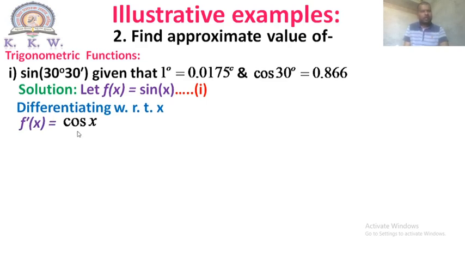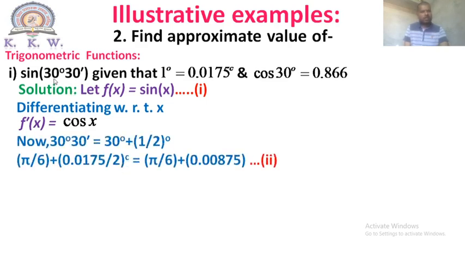Now this angle 30 degree 30 minute converted to radian as 30 degree plus 30 minute. 30 minute converted to degree, 30 by 60 degree, which is equal to 1 by 2 degree. 30 degree is nothing but pi by 6. 1 degree is 0.0175 radian.